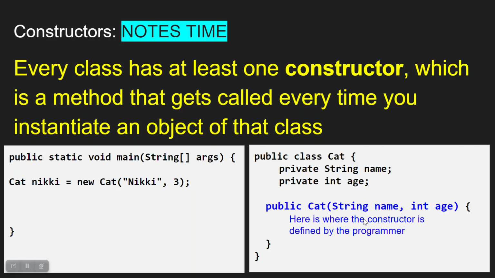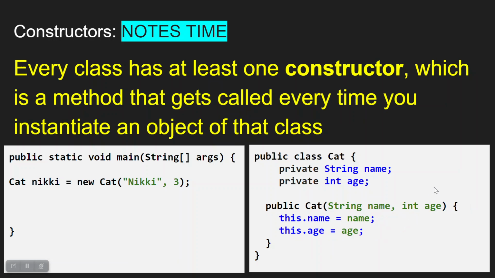Right here is where the constructor is defined by the programmer. Typically, it would say public cat string name, comma, int age. And then inside, you would say this dot name equals name, and this dot age equals age. So what happens here is when I create this object of the cat class called Nikki, this engages the constructor.